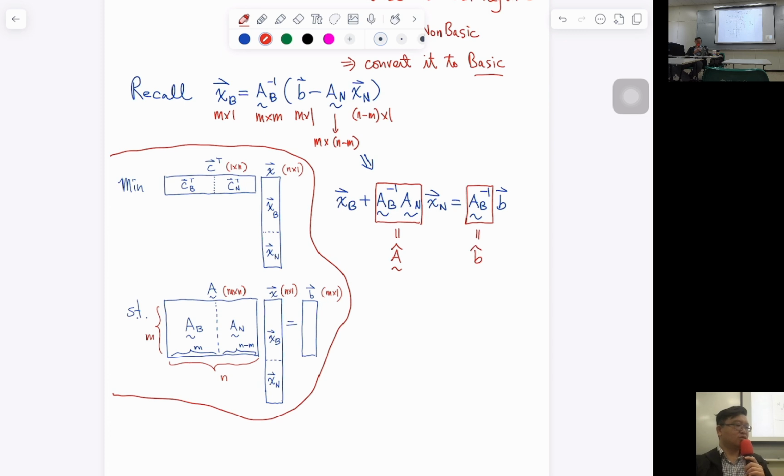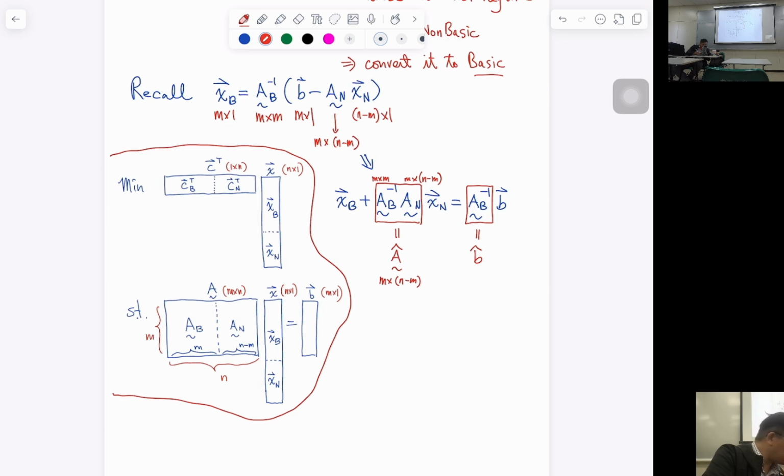Okay. Now we want to check the dimension of A hat and B hat. So this guy is m by m. This guy is m by n minus m. So at the end, this is m by n minus m. Okay, so B hat is having the dimension of AB inverse.